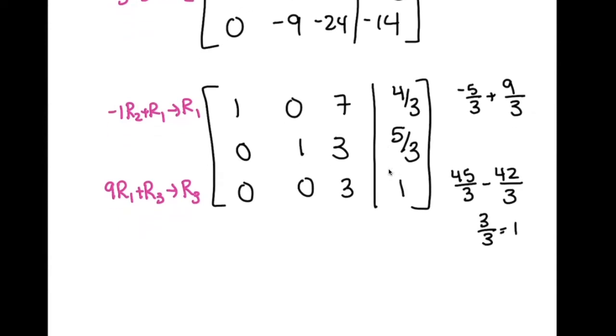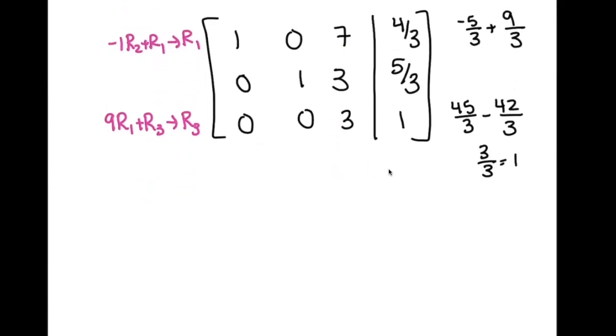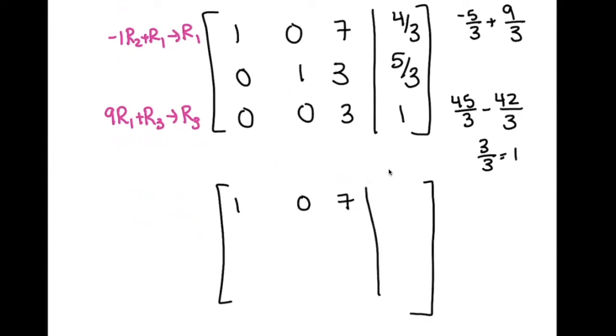Okay, now moving on. So first column was done, second column is done. Now I continue with that diagonal pattern. I want that 3 here to be 1 and then zeros here. So for my next step, nothing is happening to rows 1 and 2. Let's copy rows 1 and 2 the way they are. 0, 1, 3, 4 thirds, 5 thirds.